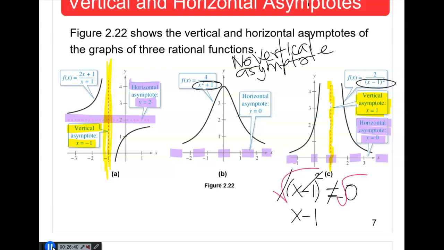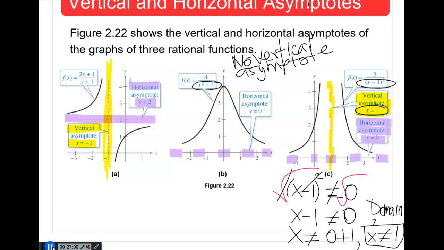So x minus 1 cannot equal the square root of 0, which is 0. And then x does not equal 0 plus 1, or simply x cannot equal 1. And that exclusion from the domain is the same as the vertical asymptote that you see here.